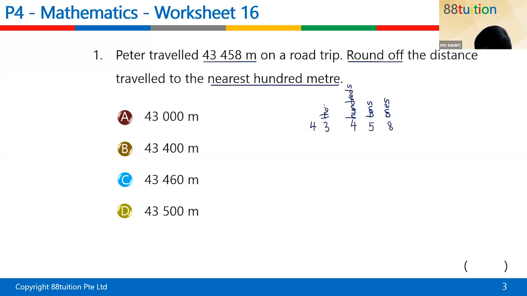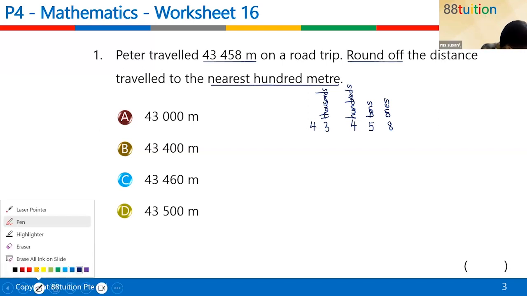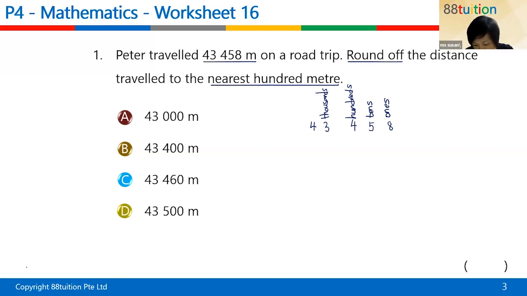Thousands column. In fact, I can stop here first, because the question says it is rounding off to the nearest 100. So go to the hundreds. 100 has how many zeros? 2, right? So you count 1, 2. We cut off from here and look at the tens column. Draw a line and underline.